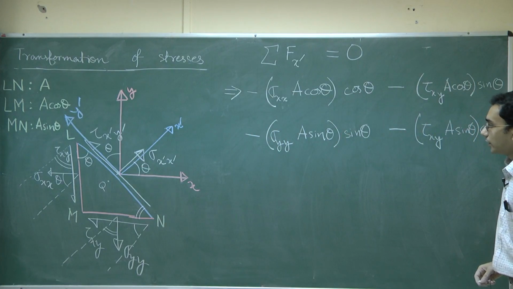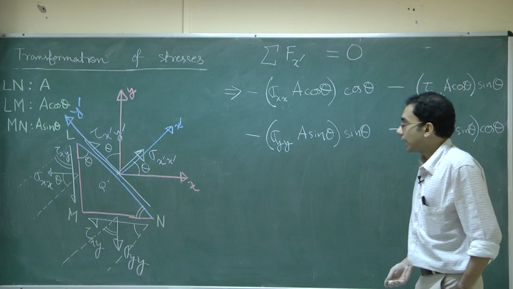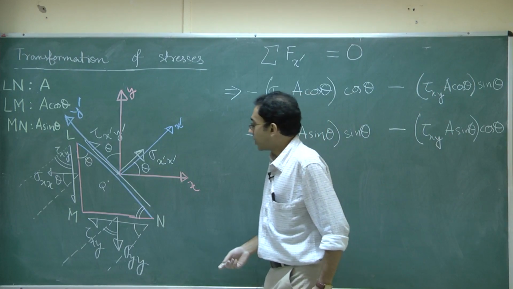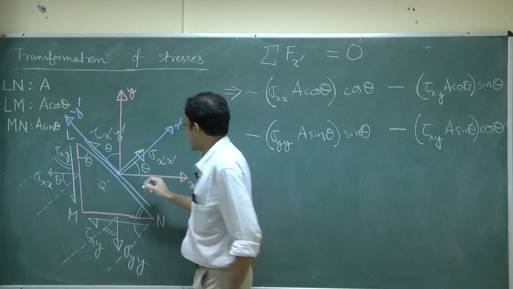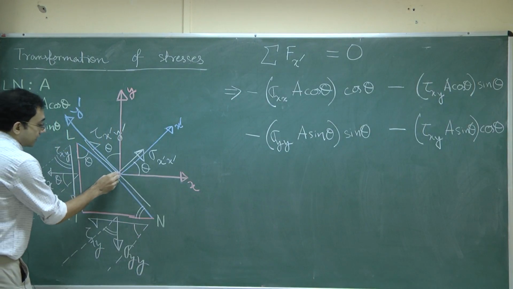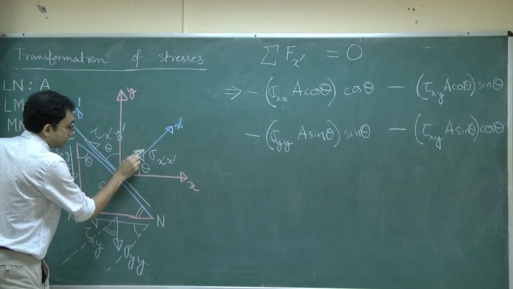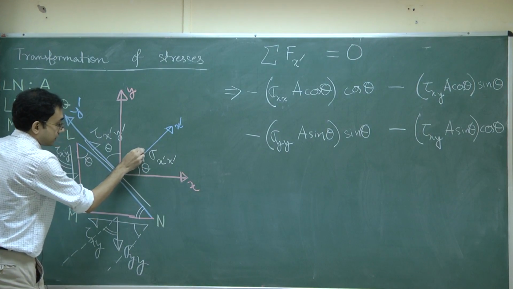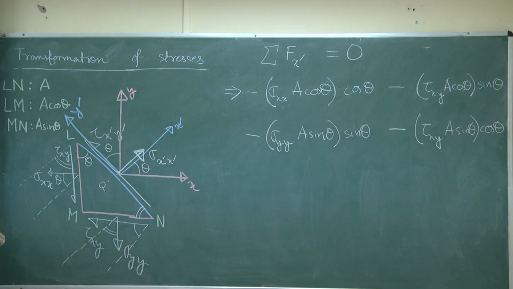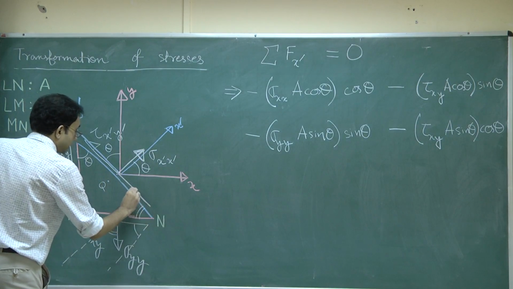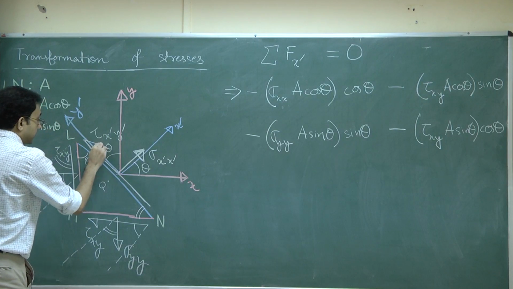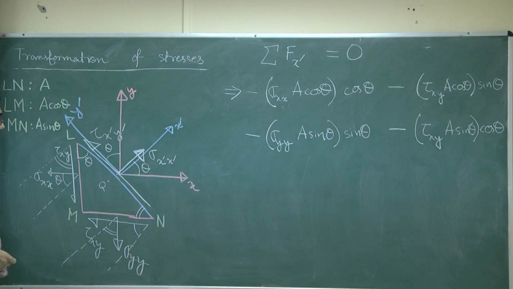For Ln, what do you think should be the correct force contribution? Will it be contributed by this sigma x dash x dash? So let me highlight this here. We have one force component from this sigma x dash, and we have another force component contributed from this tau x dash y dash direction.